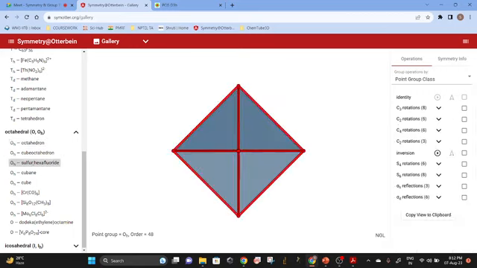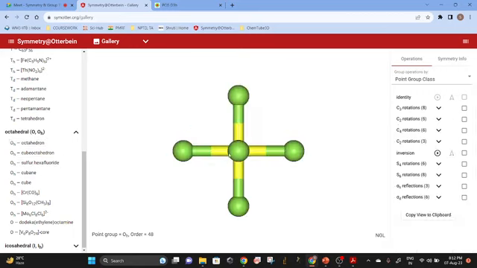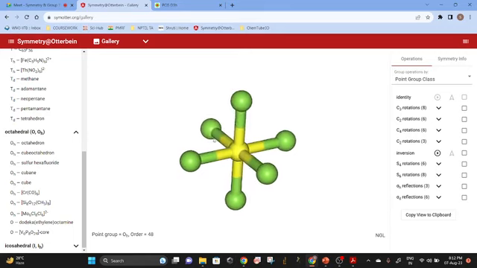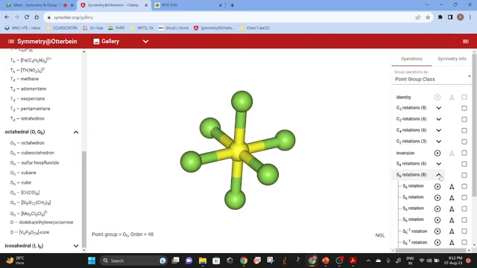Okay, for the last question, I'll show you the S6.